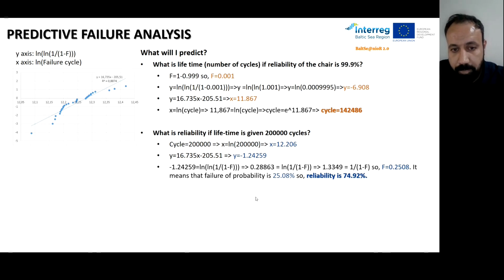It means the failure probability is 25%. So reliability is 75%. If I define a life cycle of 200,000 cycles, my reliability is 75%.